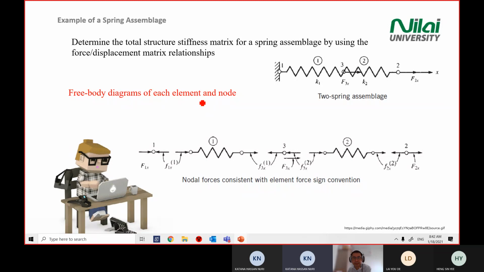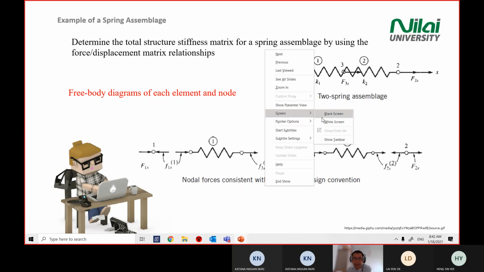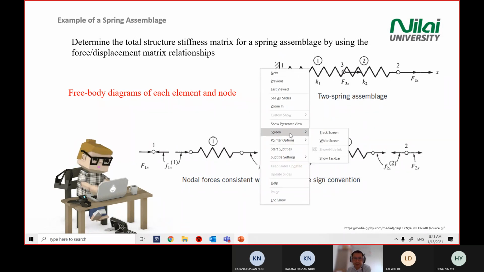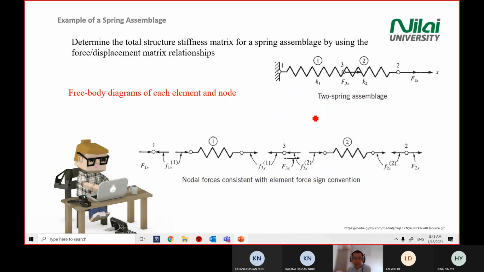Yes. I've not really understood much on the splitting of the system. Is it the spring part that you consider an element? Okay, you're not sure how to break the system.